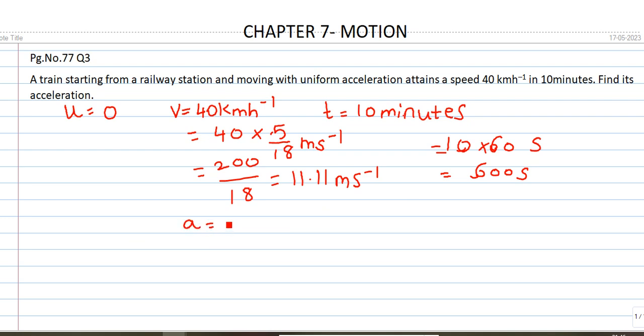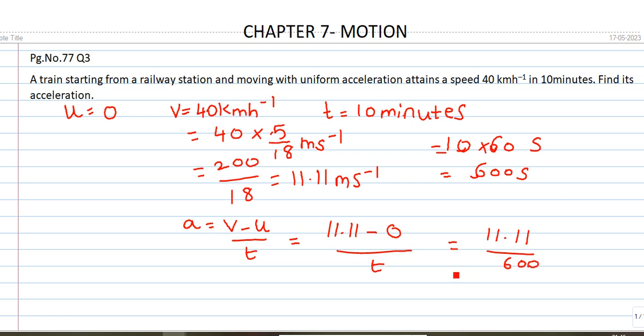Acceleration is equal to final velocity minus the initial velocity upon time, which is 11.11 minus 0 by t. So this works out to be 11.11 by 600.